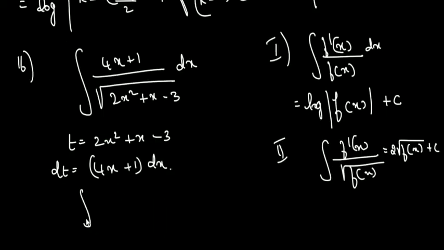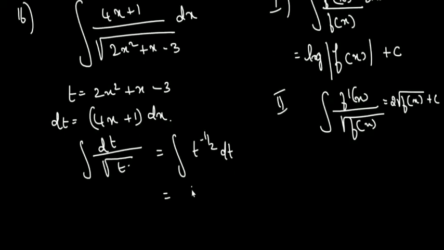So this integral will become dt by root of t, which is the integral of t power minus half dt. So what is t power minus half? It is t power half by half, that is nothing but 2 into root of t.